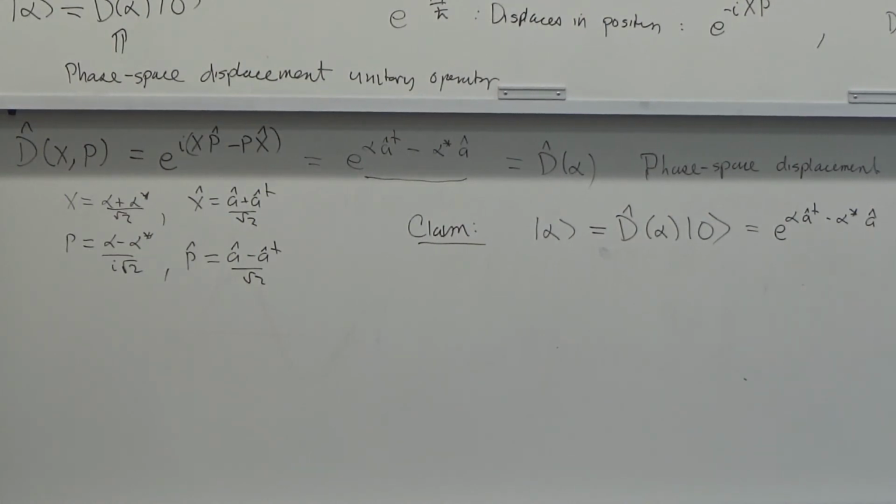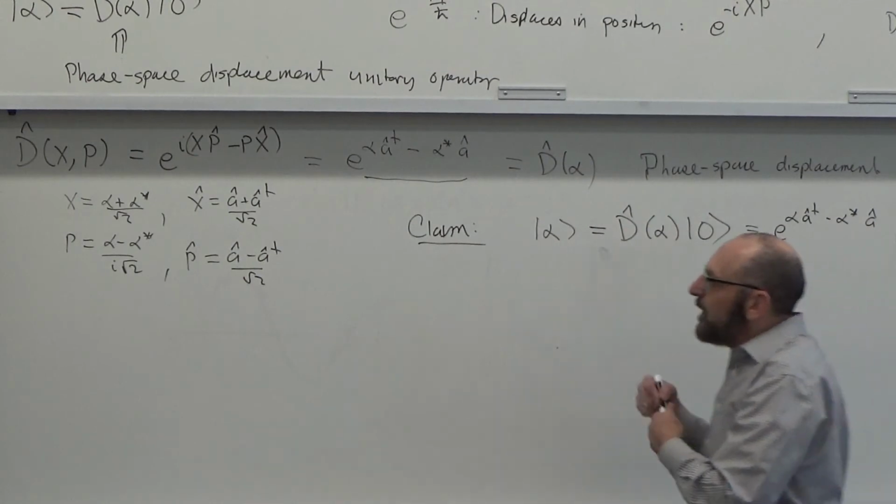Another way is to think about how we can express this operator in normal order. Right? Because if I can write this in normal order, then I know how these guys act on that. So, I use Baker-Campbell-Hausdorff.